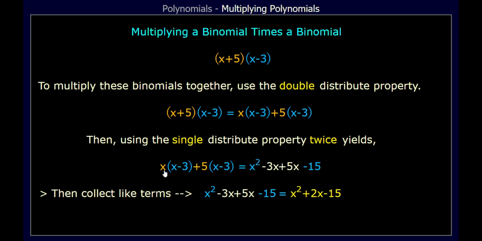And then I used the single distributive property that we learned before, and I got x squared minus 3x plus 5x minus 15. And now I look around and see if I can find some like terms, and I did. I saw that the minus 3x plus the 5x, those are like terms. Same variable with the same power, so I said 5 minus 3 was 2x. So that's the general procedure.